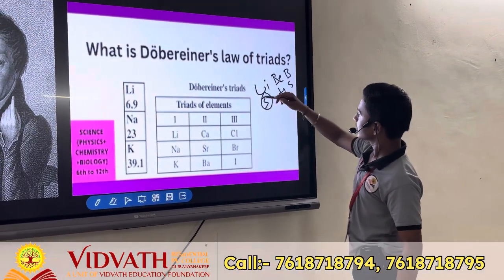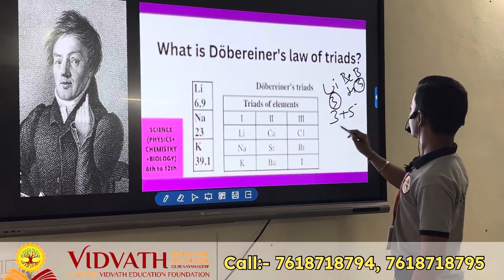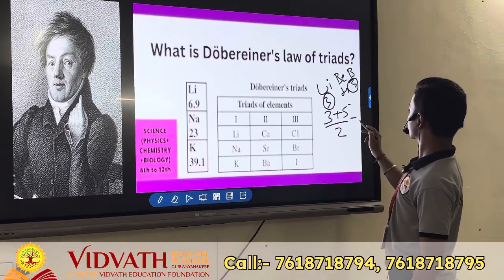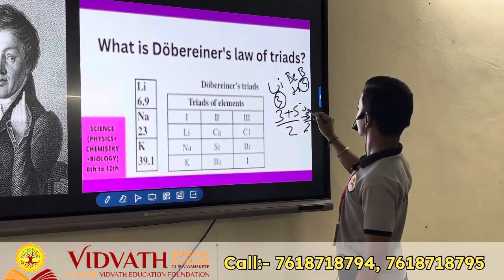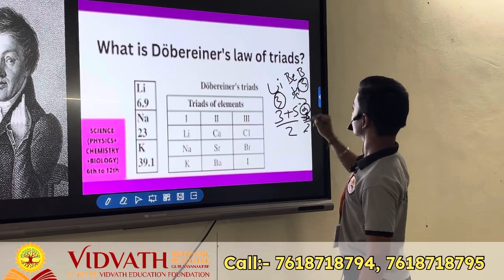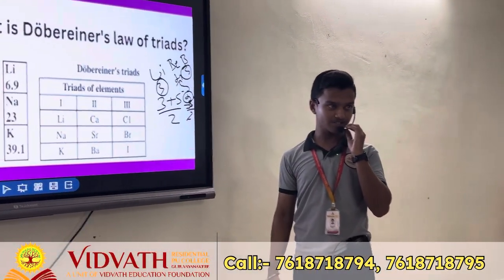Now, the average of these two is what? Any confusion?